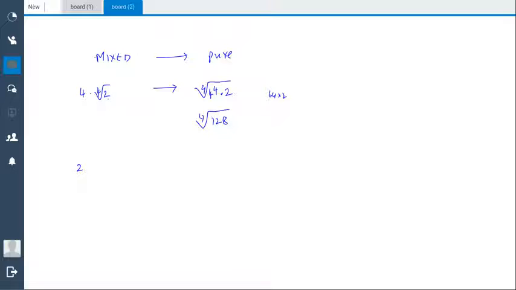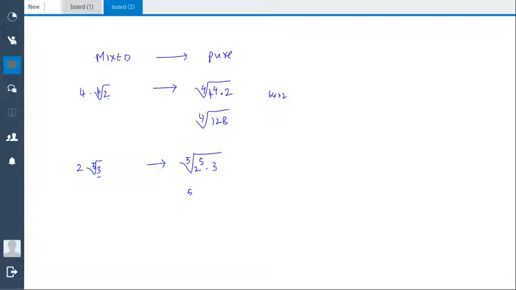2 into 5th root of 3, for example. How to send this 2 inside? Fifth root of 2 raised to the power of 5. Yes, 2 raised to the power of 5. This 2 is going inside, so 2 will have the power of 5, into 3. Whatever the number is there, that number should be there.